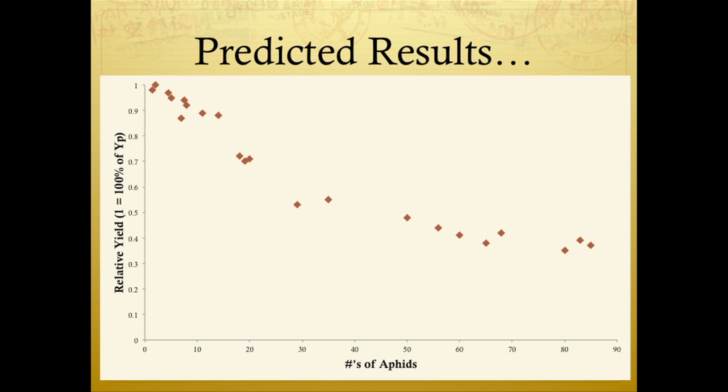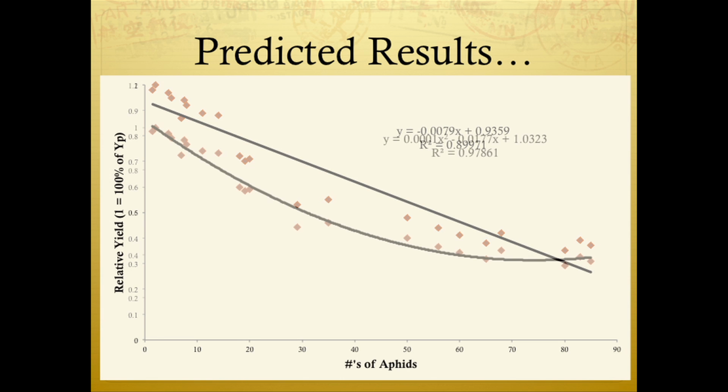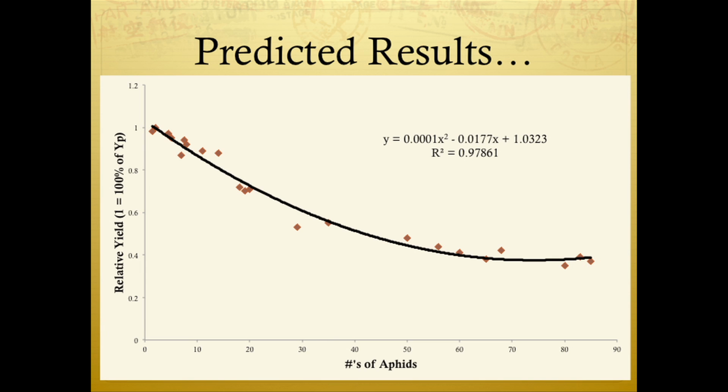What you would want to see is this negative relationship where relative yield is on your y-axis and numbers of aphids are on your x-axis. This can be a linear relationship, can be quadratic or exponential.